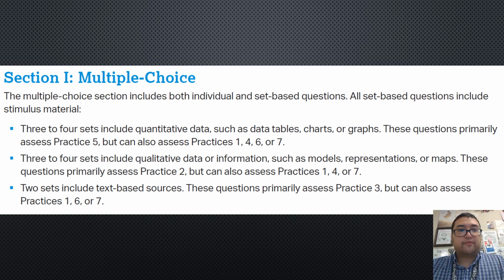The 3 to 4 sets include qualitative data or information such as models, representations, or maps, and these again primarily assess practice number 2. And 2 sets including text-based sources. So this is practice number 3, the text analysis.